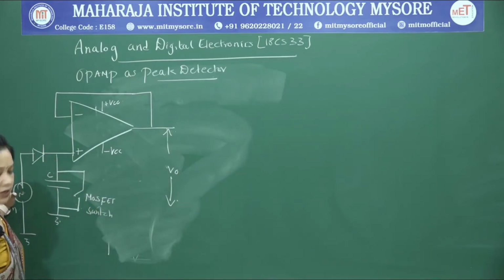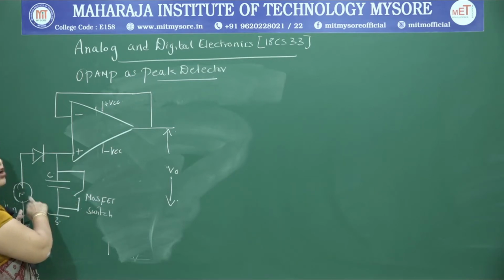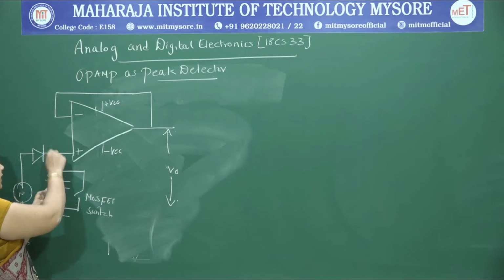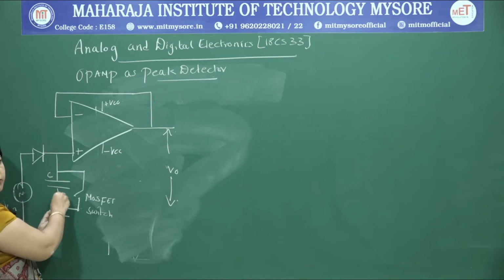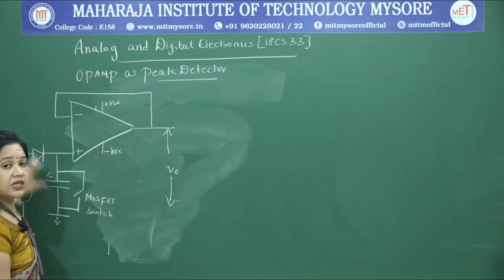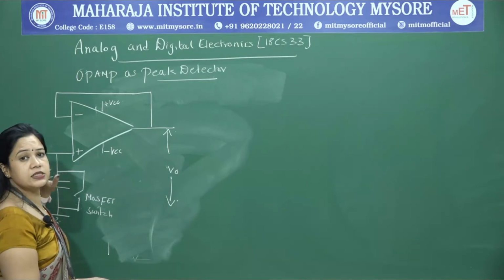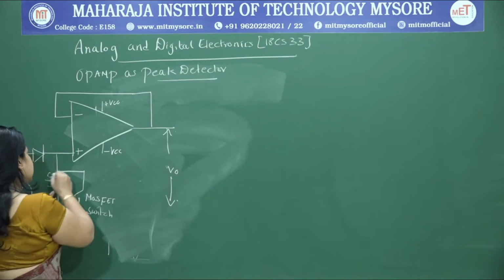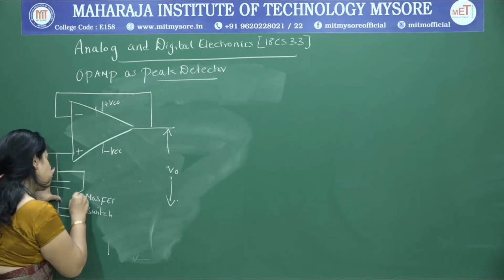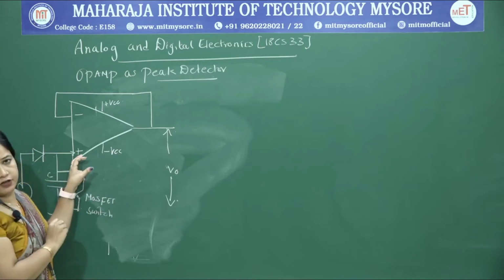The working of your peak detector goes something like this. The positive half cycle of the input AC signal forward biases your diode, and the capacitor is charged through this forward biased diode. So your capacitor is charged to the peak value of the input signal through the forward biased diode. Once the capacitor is completely charged, it acts as a voltage source, and when I close the switch, this capacitor discharges through the non-inverting terminal.